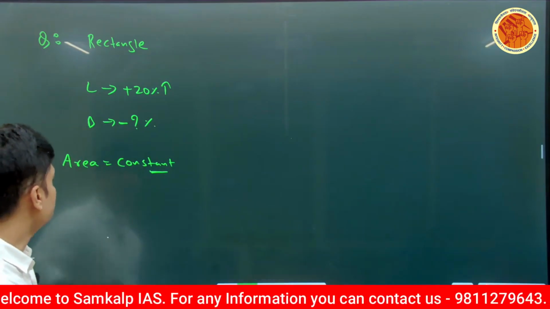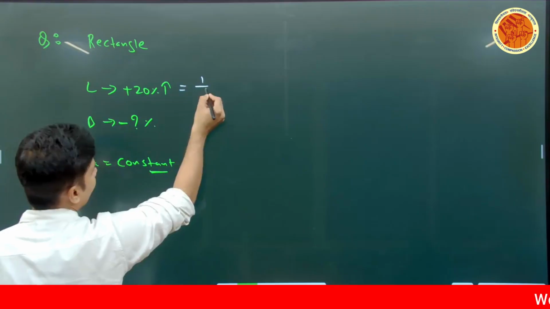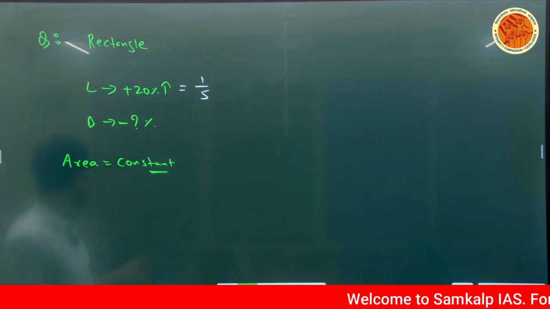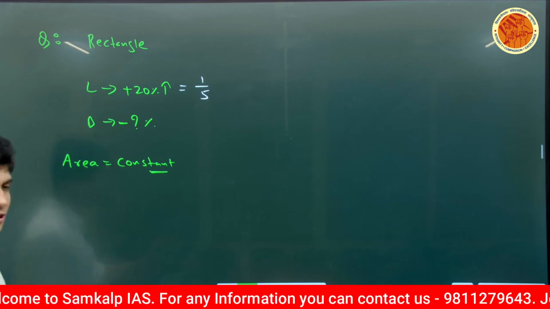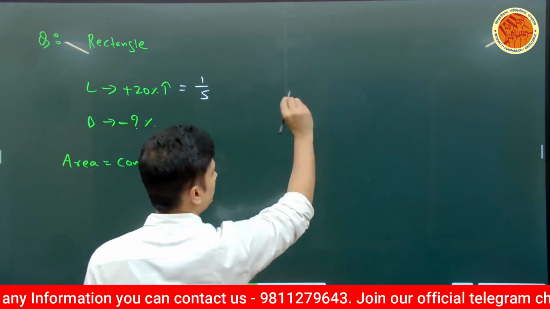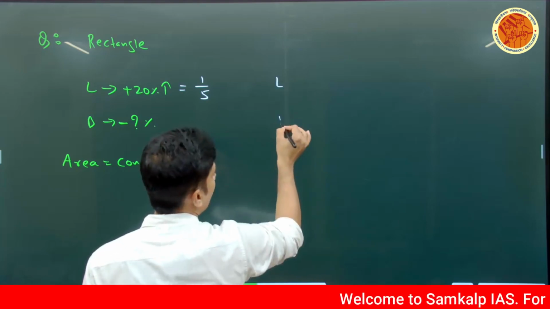Okay, let's see. Length is 20%. Shall I write 1 upon 5? Okay. Now my question is, length and breadth. If you want to find out the area of a rectangle, then length is multiplied with breadth.